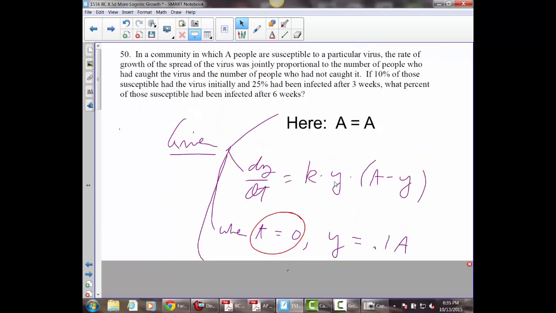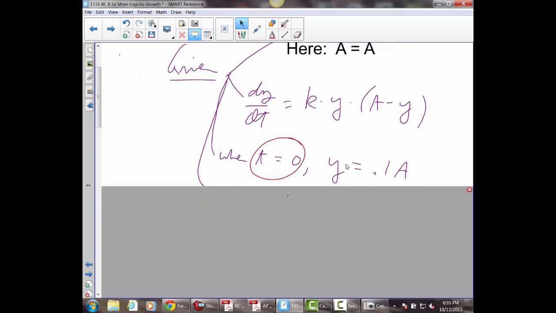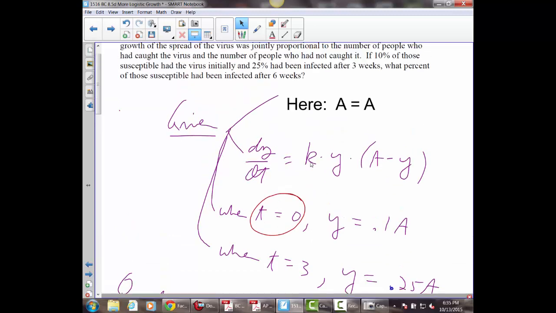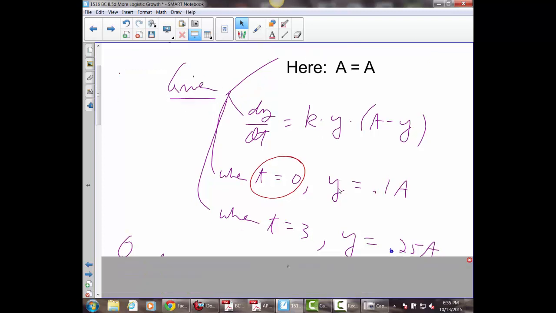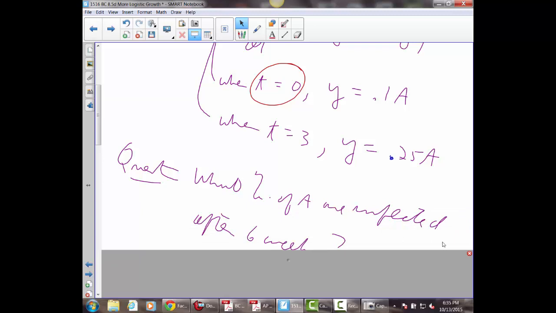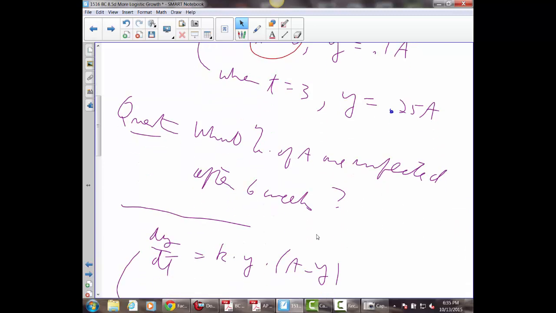We've been told that when t is 0, so if 10% of those susceptible had the virus initially, it means at time t equals 0, the number of people who had it was 10% of those susceptible. And then it went on to say also, after 3 weeks, 25% had been infected. So y is 25% of A. So the question is, what percent are infected after 6 weeks?